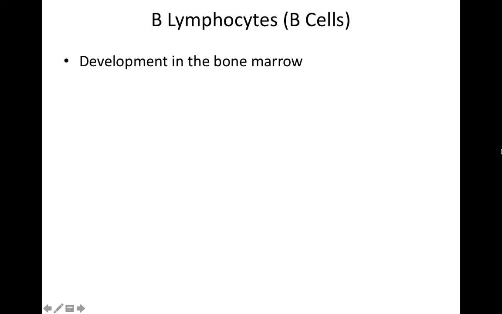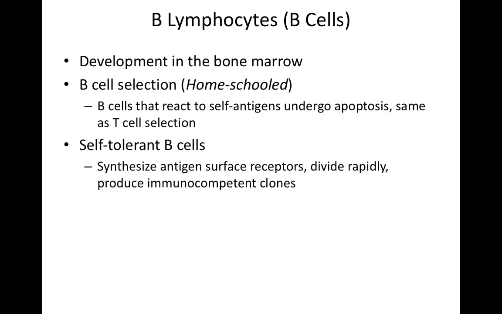All right, so the B cells are the players here, again, developed in the bone marrow. These guys are homeschooled. They don't get to go away to University of the Thymus. They are going to go through a very similar process as your T cells, but they're going to do it in the bone marrow. Anything that reacts to a self-antigen is going to die, and it's going to leave you with what are called self-tolerant B cells.